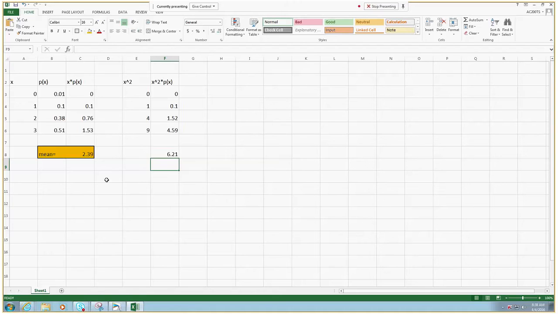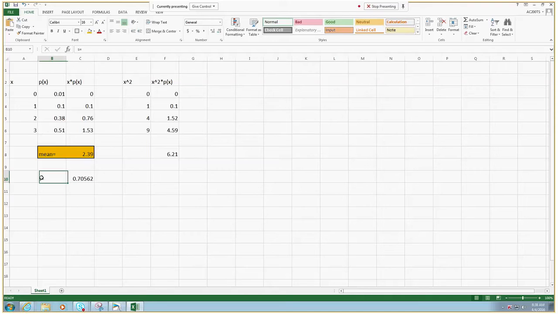So I'm just going to go over here and say standard deviation, or S, is equal to this number minus, don't we take the square root of it? Yeah. So that'd be parentheses, this number minus this number raised to the second power, close parentheses, raised to the 0.5 power.